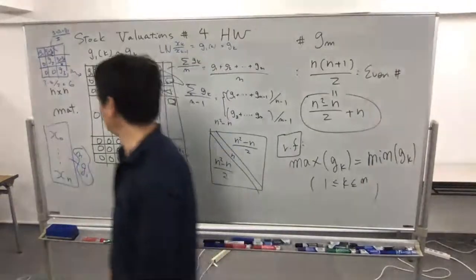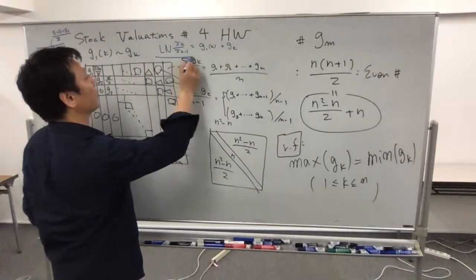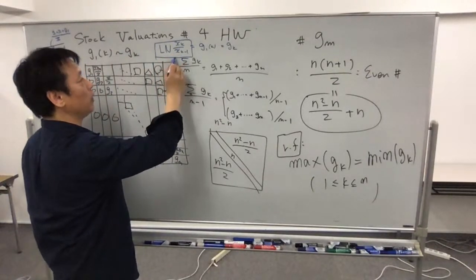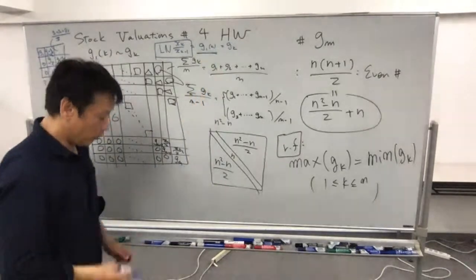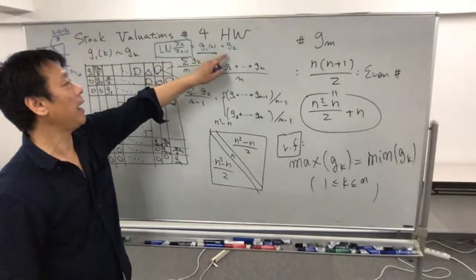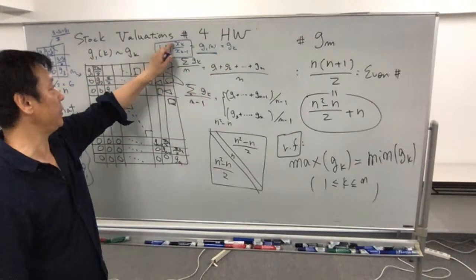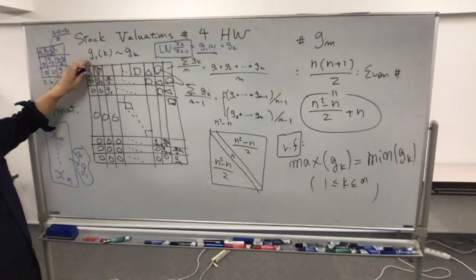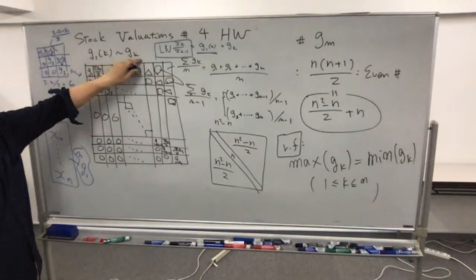G1k means ln xk over xk minus 1, and we call it G1k. To omit space, this time I'll just write gk. Gk means this. So here's the premise for today: G1k just means gk.